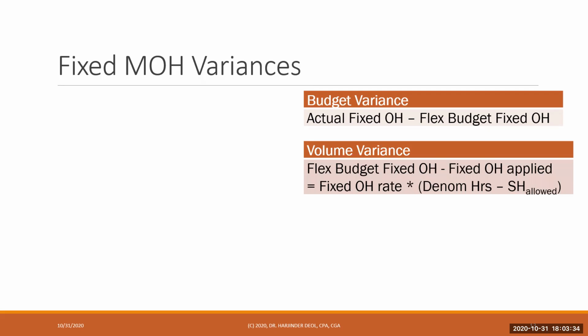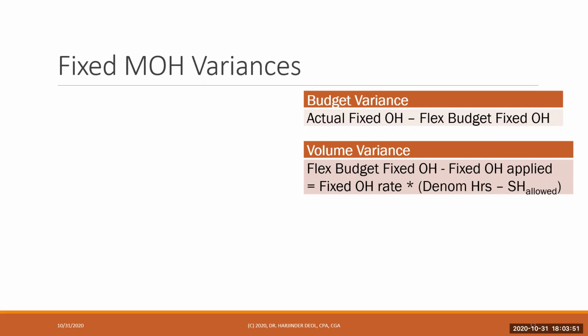The second variance is called the volume variance. And the calculation here is the difference between the flexible budget fixed overhead and the fixed manufacturing overhead applied to work in process.